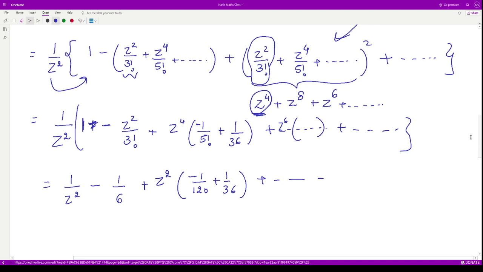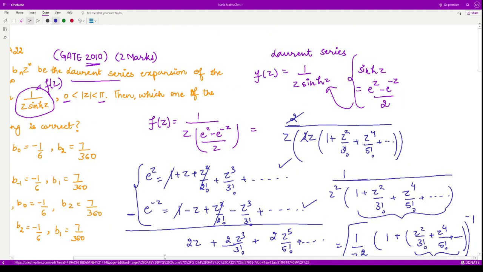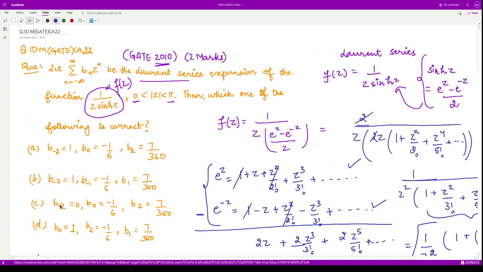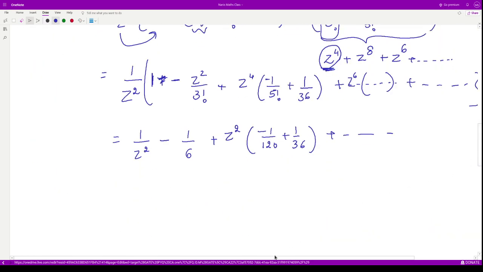Why? Because we only require the terms. Let us have a look at our question. So we only require either b minus 2, b0 or b2. So that means we require z square terms, or in the denominator the power is 2 or minus 3 and terms like that. So that is why I have ignored other terms.